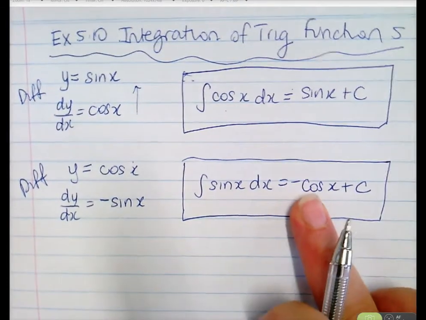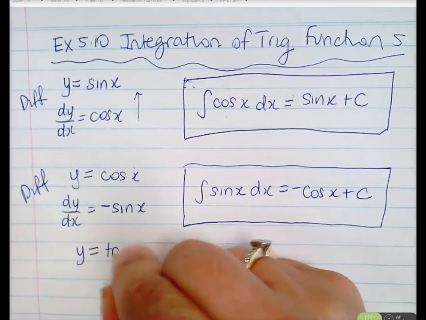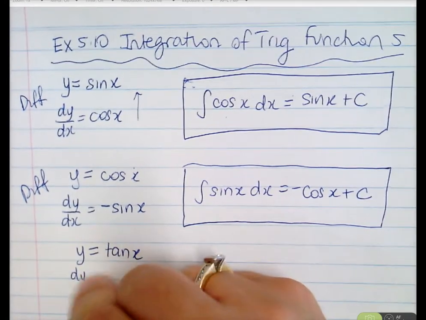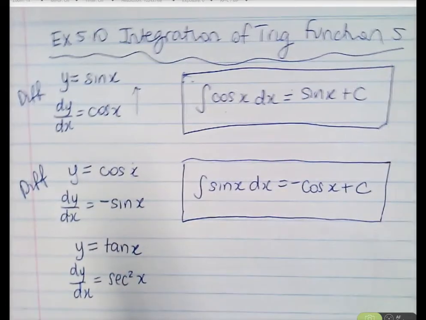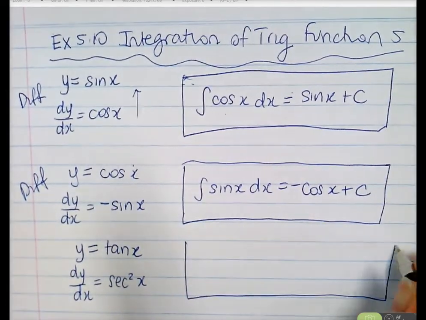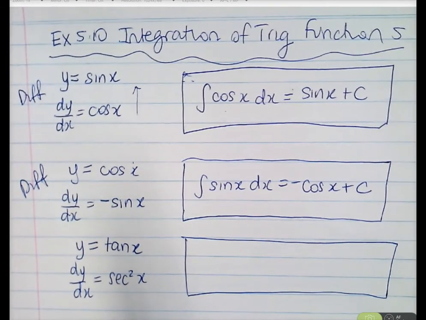Got that? So we're just looking back at what happened with differentiation to compare the integration rule. The other differentiation rule we learnt was if y equals tan x, then dy dx is sec squared x. So therefore, we don't do the integral of tan. There's no integral of tan at the moment. That's a harder example. We do the integral of tan when we're doing log functions.